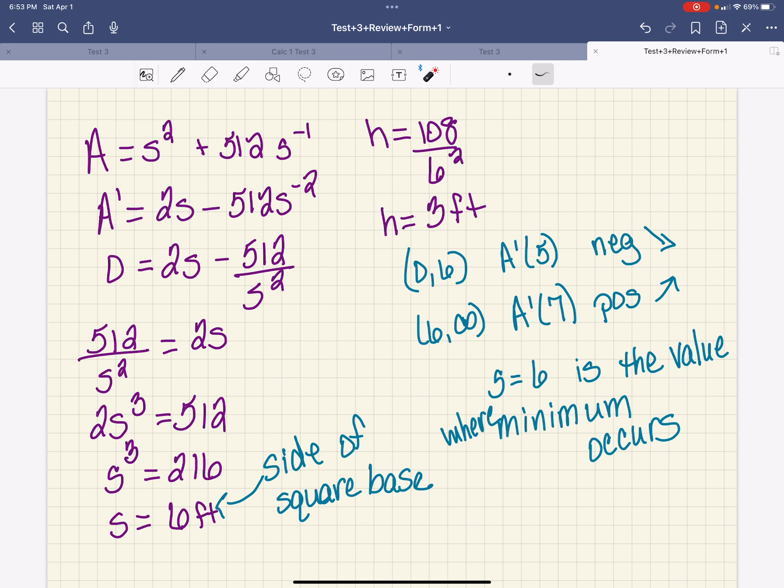Let's see what the rest of the question asks. It just says the tank with the minimum surface area has a height of 3 and a square base with each side being 6 feet. And so that's the end of your problem.